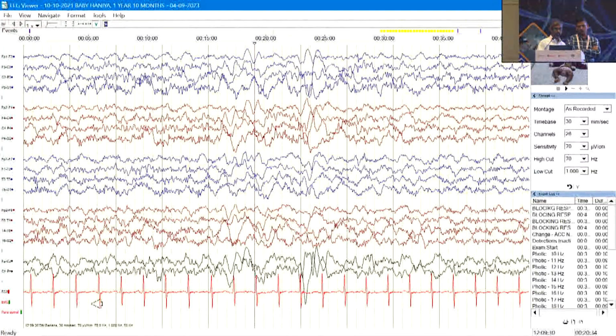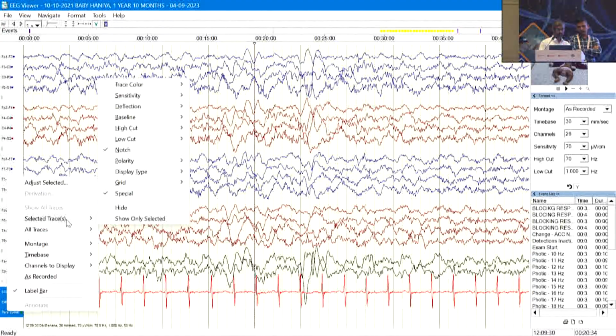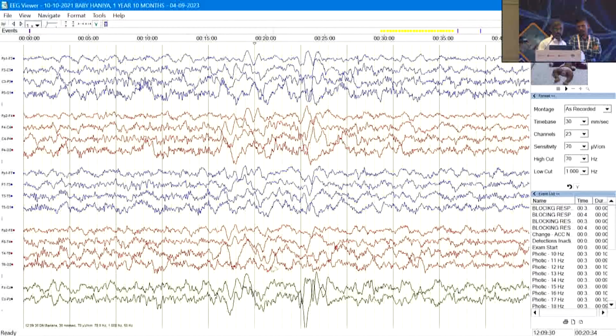Look at this page. If I just remove that. Okay, see, this is a K complex. Okay, and this is very high amplitude, right? So it is overlapping and appearing like there are some faster components here, but these are physiological K complex only.